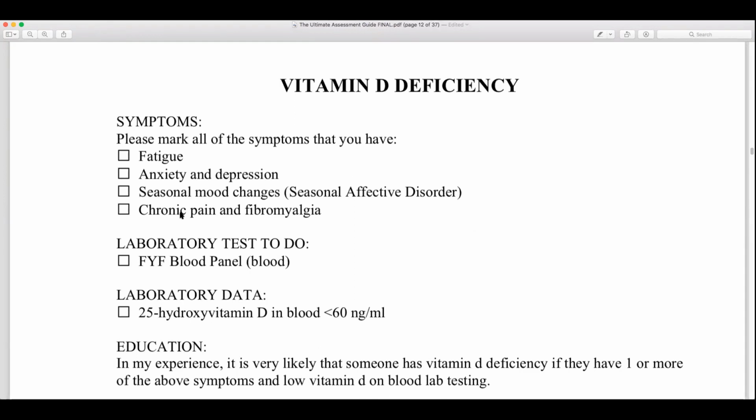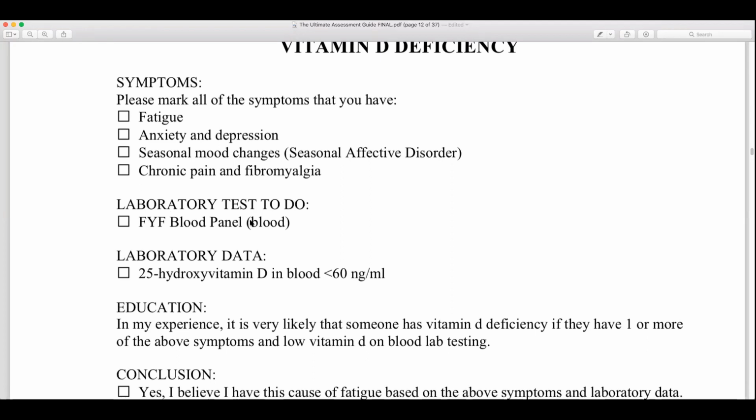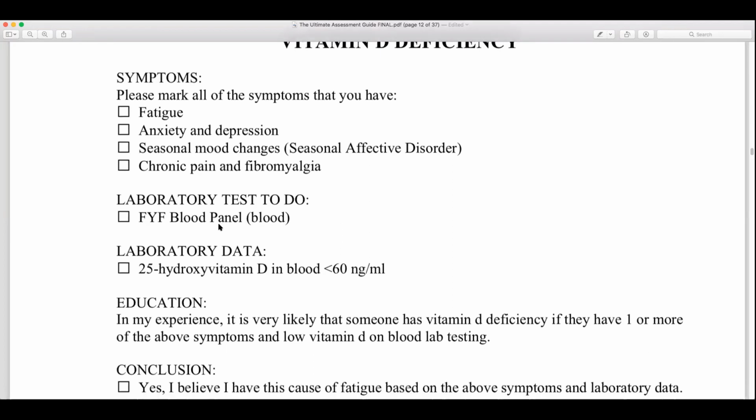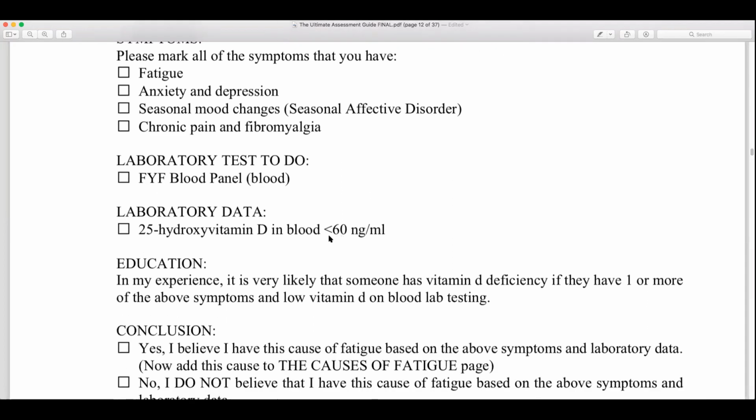And then moving into vitamin D deficiency: fatigue, anxiety and depression, seasonal mood changes, so seasonal affective disorder, getting more depression during the winter, chronic pain, and fibromyalgia. The test that we have for this is the blood panel test, and we want levels to be above 60.